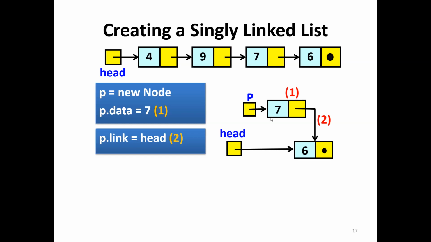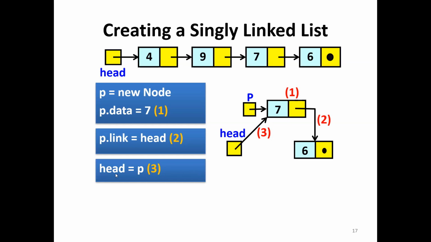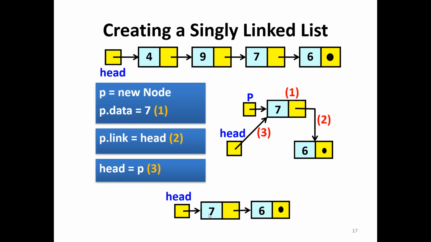So we perform the operation by saying that head is equal to P. Going through it again, we first had this node, and we had P pointing to it. The part of P that is pointing to that node is the link part of P.